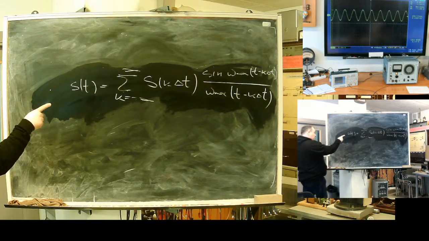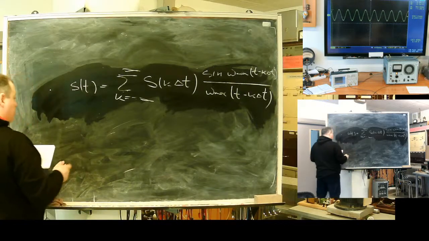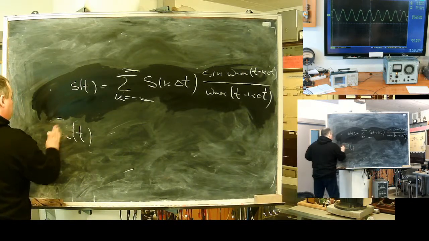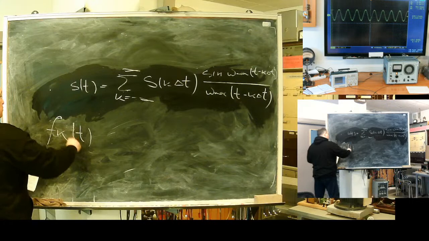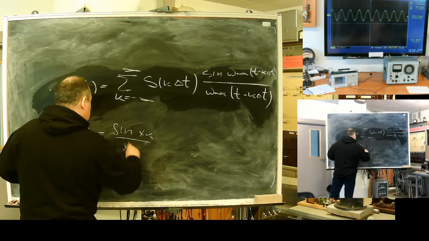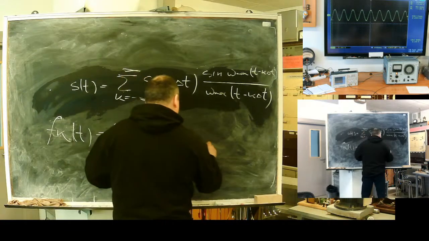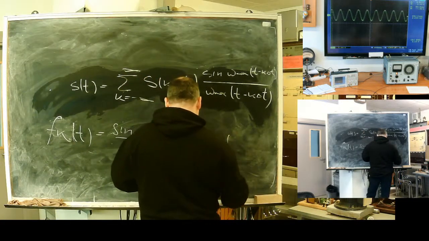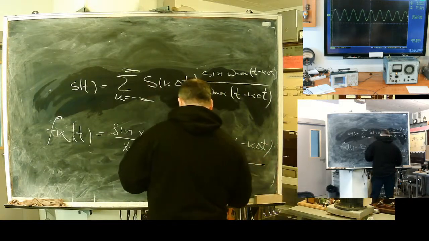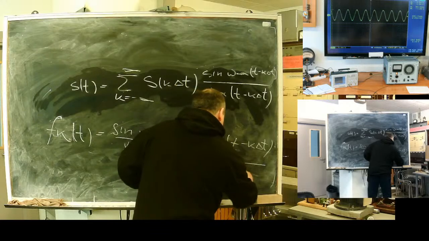This one can be considered as a base for a kind of Fourier series, where let's say f_k(t), a function like sin(omega_max (t - k delta t)) divided by omega_max (t - k delta t).